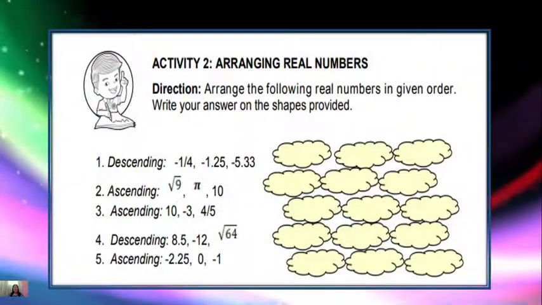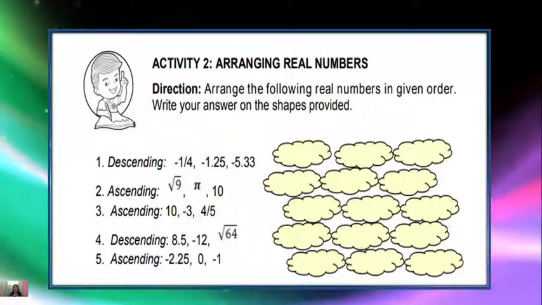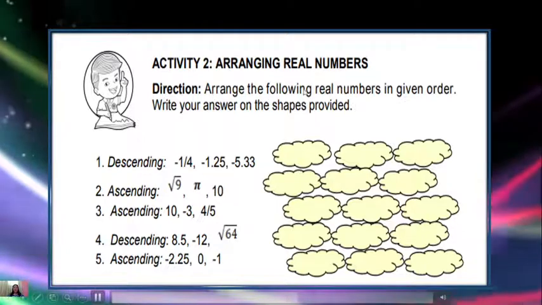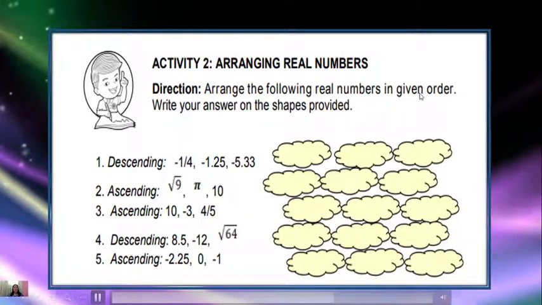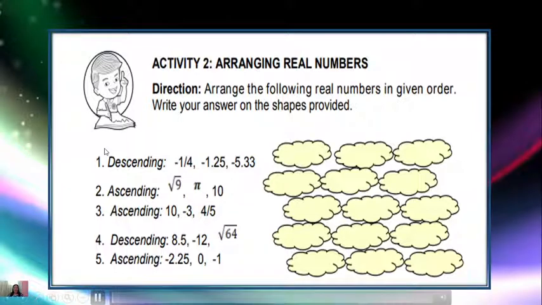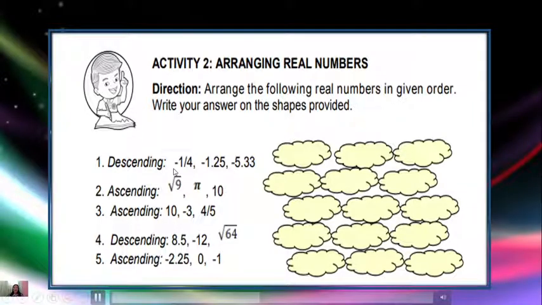Next, in our activity number 2, arranging real numbers. Okay, so dito sa cloud, direction muna tayo. Arrange the following real numbers in given order. Let's say number 1, you are going to arrange negative 1/4, negative 1.25, negative 5/3 in descending order.